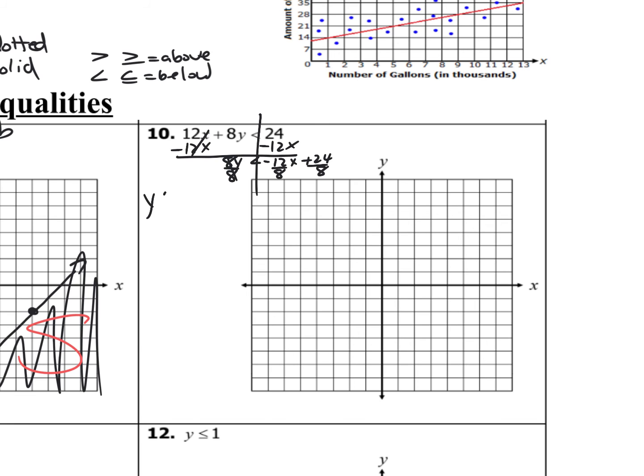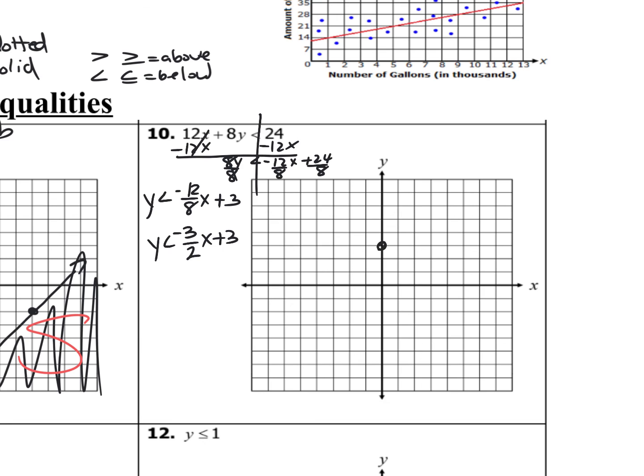Y is less than, we didn't divide by a negative, so I don't have to flip it. Negative 12 divided by 8x plus 3. And negative 12 divided by 8 will reduce. And on your calculators, I taught you how to hit math, negative 12 divided by 8, fraction, and then convert it. It's going to convert to negative 3 over 2x plus 3.